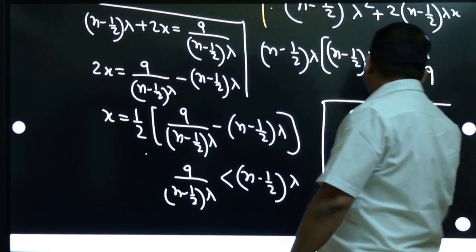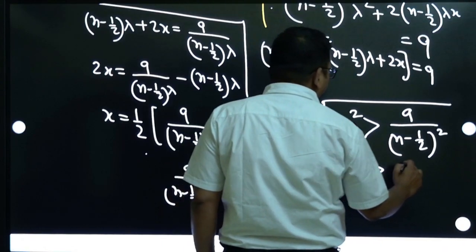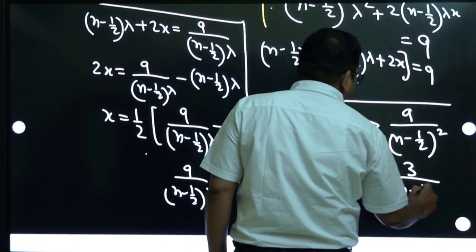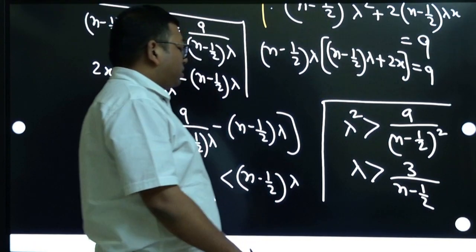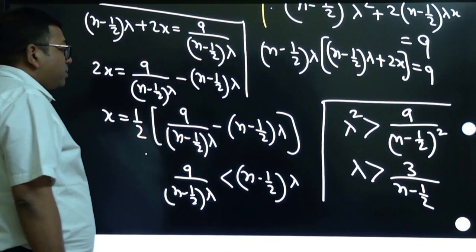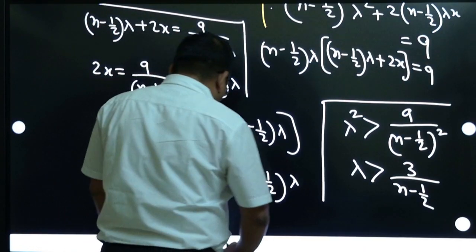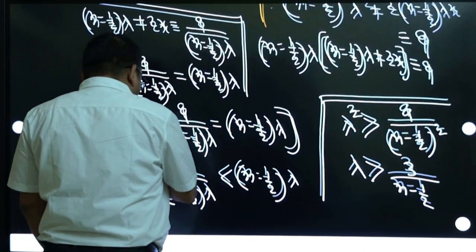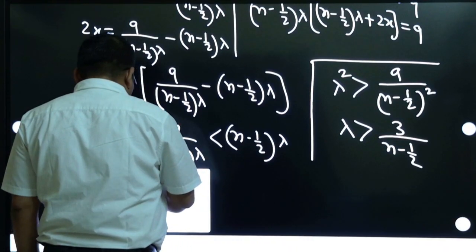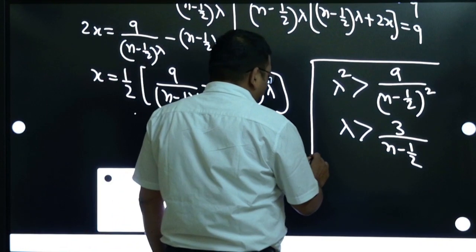So from here we can say lambda should be greater than 3 divided by (n minus half), correct? If lambda is greater than this, then it will not exist. So what are the possible values of lambda now? You can think about it, right?